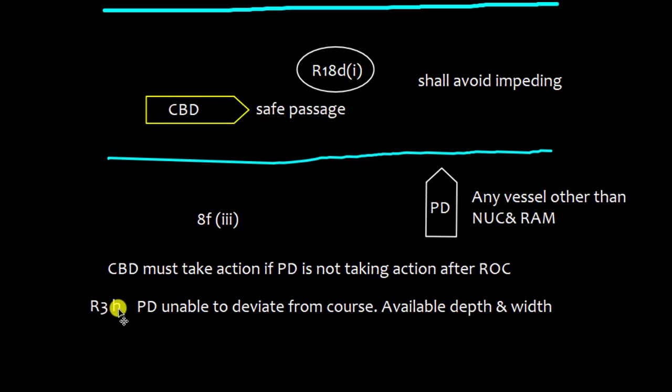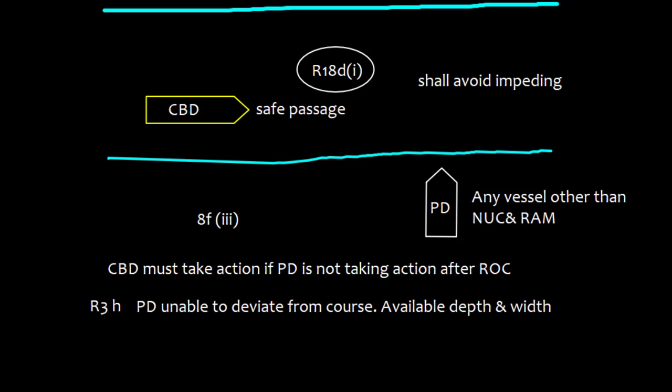As per Rule 3H, that is the definition of a CBD, a CBD is nothing but a power-driven vessel which is unable to deviate from the course she is following because of the available depth and width of navigable water. So Rule 8F3 is that the CBD is still obliged to comply with the steering and sailing rules.